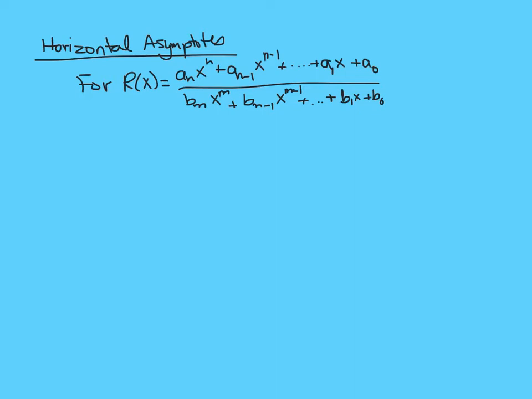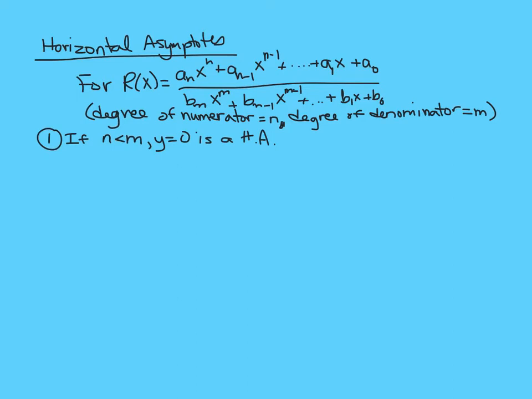If you're looking at this and you're super confused, I think once we go over a few examples, it'll clarify a bunch of things. For now, the only thing I really want you to notice is that the degree of the numerator is n and the degree of the denominator is m. If you just remember that, you should be fine.